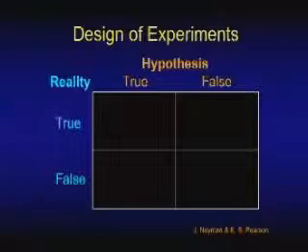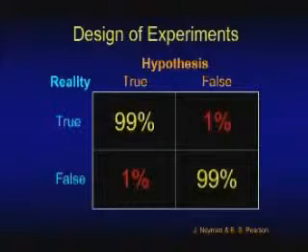If your hypothesis is out of step, if you reject a true hypothesis or accept a false hypothesis, that's a type 1 or type 2 error in the design of experiments, which is a field of science. It's the mechanism by which we test hypotheses and try to determine what reality is. The problem is, of course, that no experiments are perfect. It'd be really great if they had a 99% chance of being correct.